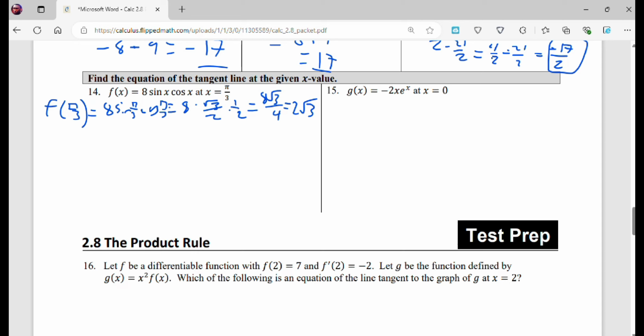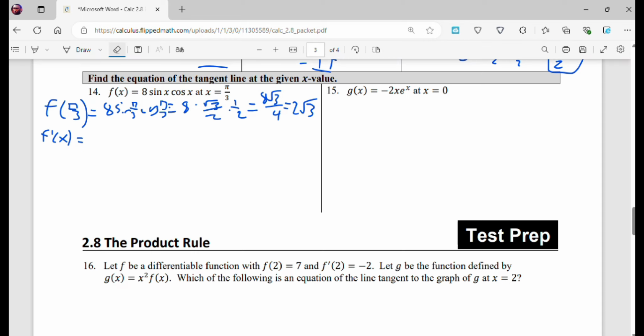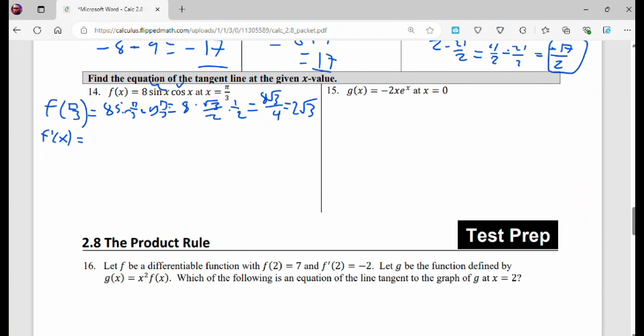Now we find f prime of x. So cosine is our u. Sorry, I keep mixing these up. So cosines are v, sines are u.